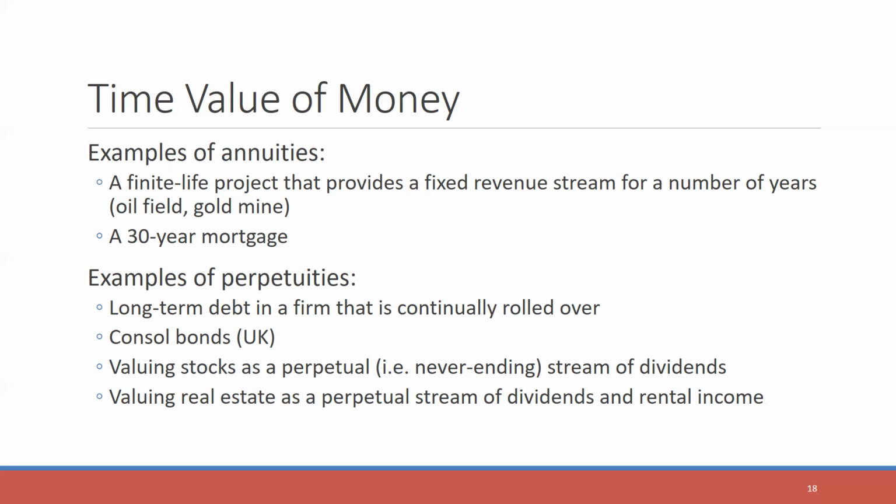So we tend to think of valuing a stock as a never ending, perpetual stream of dividends. And the same thing with real estate valuation. I know from valuing REITs and from valuing other companies that are essentially REITs, that it's the same exact idea. You basically have a perpetual stream of dividend and rental income that you want to price out using a perpetuity.